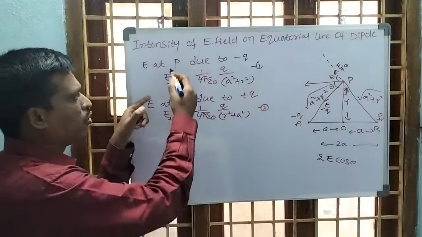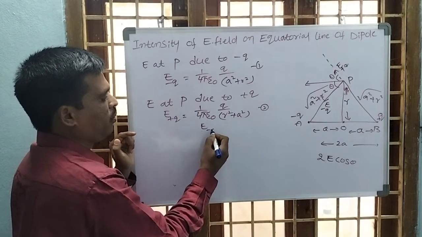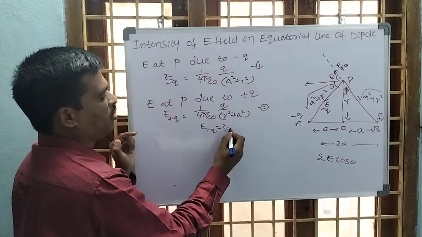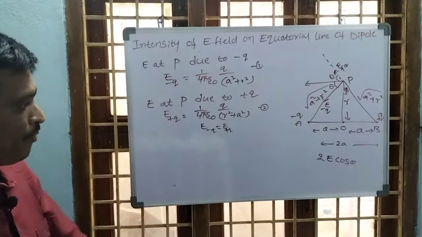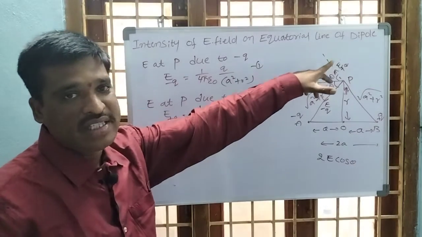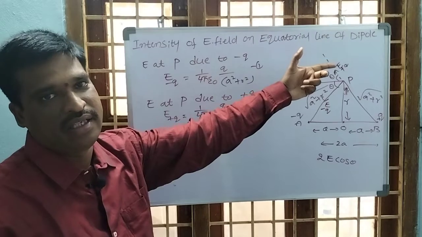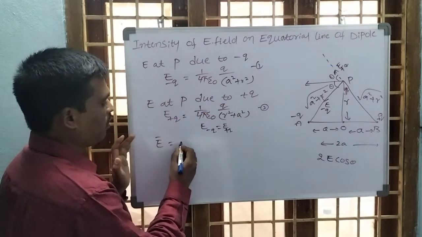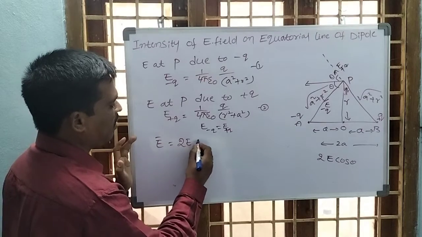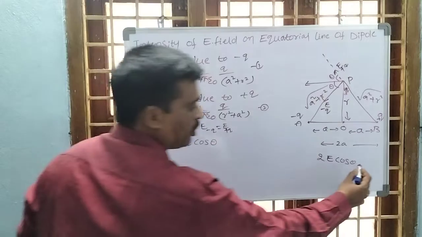But here both are same, E plus Q and E minus Q, as already said. So what is the resultant field? The resultant field is E is equal to 2E cos theta. Here we get 2E cos theta.